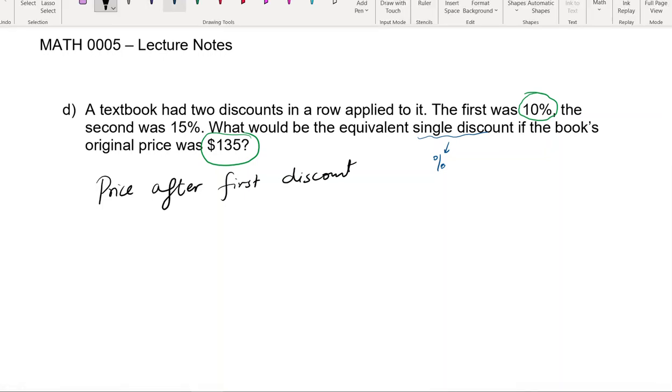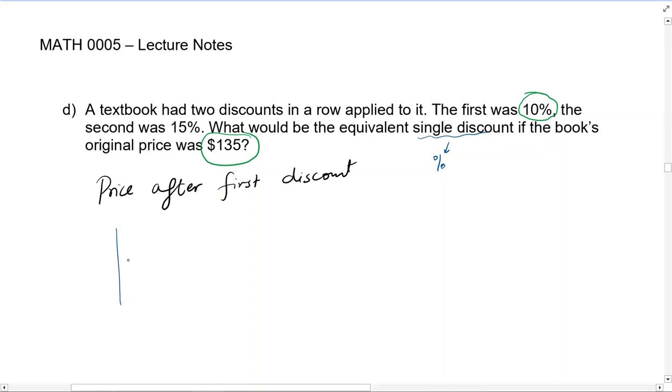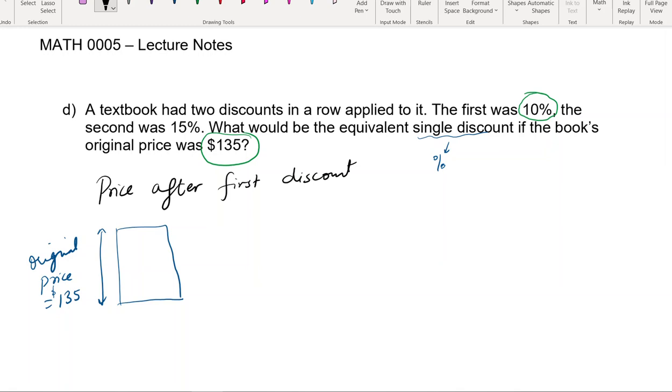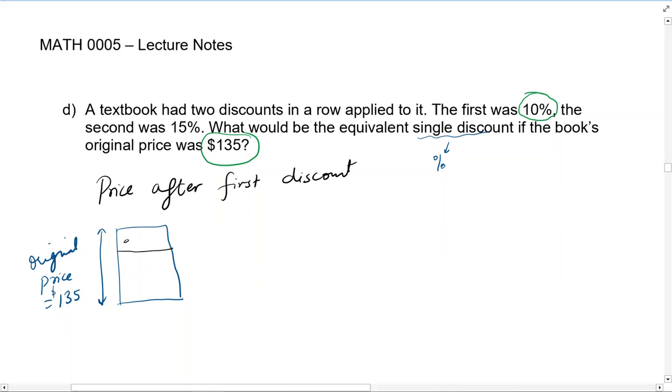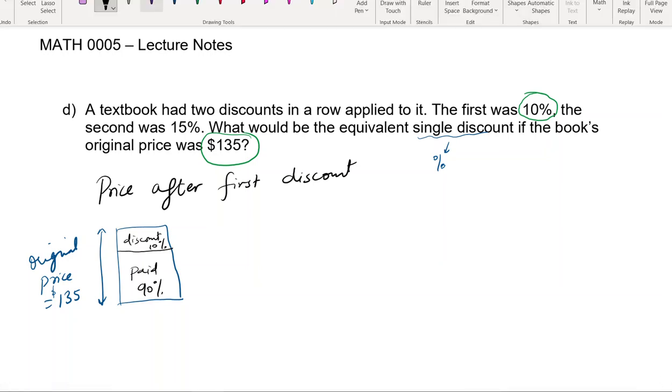If you want to see the situation visually, you have a book and the original total is 135, and we are trying to figure out the amount paid after the first discount. The discount is 10%, which means we pay 90% of the original cost.